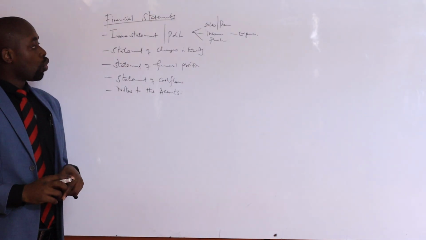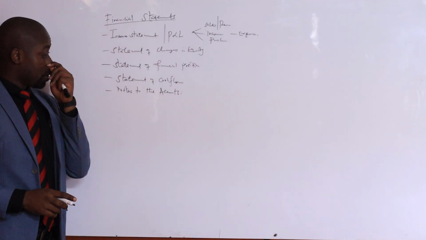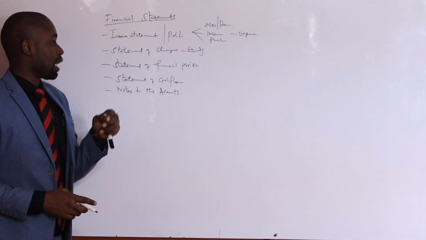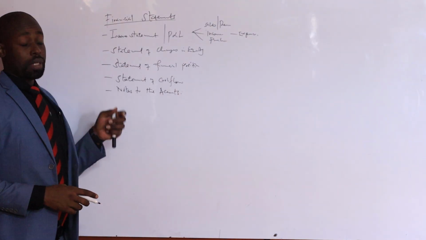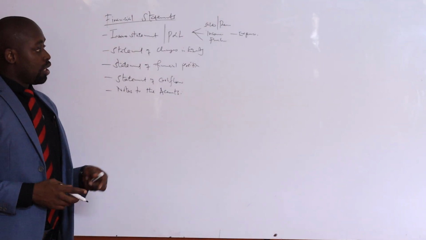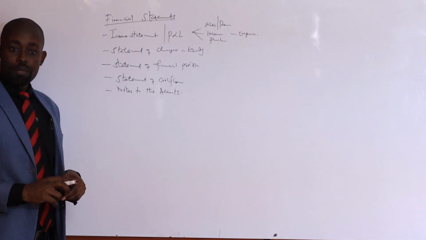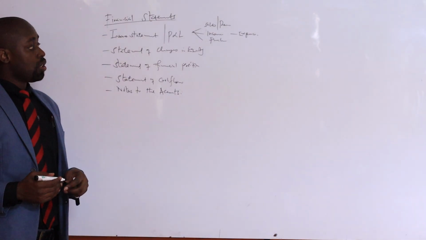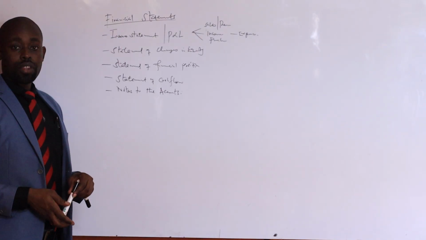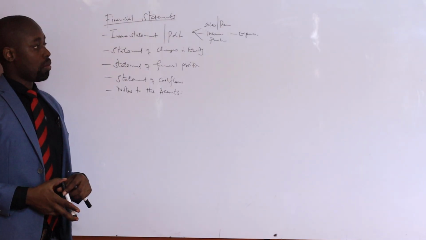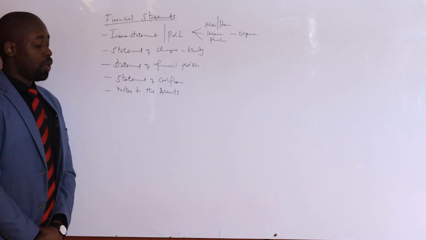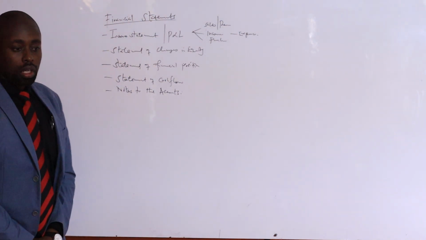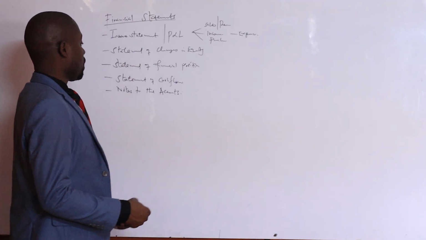Number 2 is statement of changes in equity. We'll look at it mainly in topic number 7, financial statements of a company. For now, equity is just basically owners' capital. That is money contributed by owners through share acquisition. Then we have statement of financial position. This is also called the balance sheet.